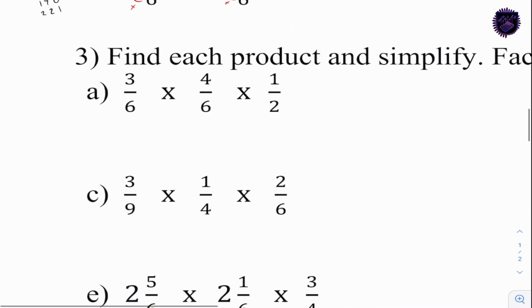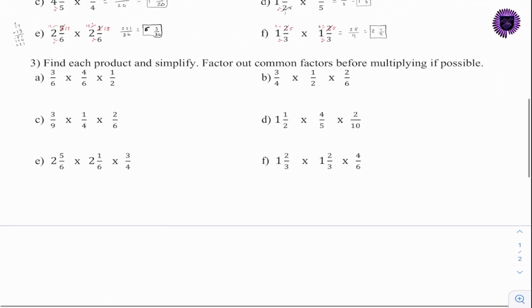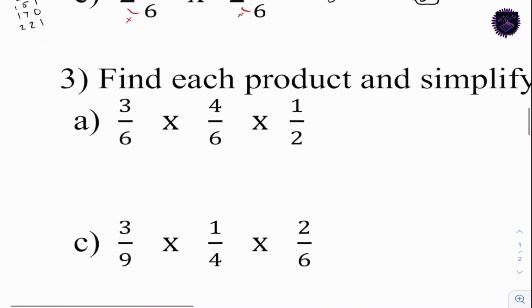Okay, find each product and simplify. Factor out common factors before multiplying if possible. Let's do this one. We can think of this as if they're all on top being multiplied and they're all on bottom. They can be shared back and forth. So let's simplify this one. That's going to be 1, and that'll be 2.